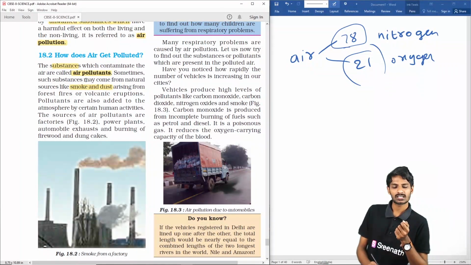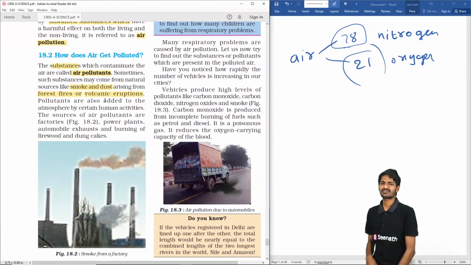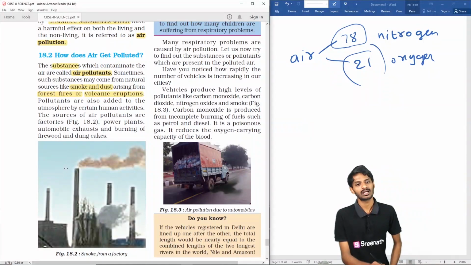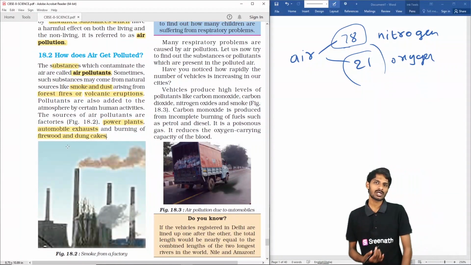If there is smoke and dust from forest fires or volcano eruptions, in these situations also the air gets polluted, and these are from natural sources. But most of the pollutants in the cities or in the industrial areas are because of the smoke of the factories and the smoke of the vehicles. Vehicles are injecting smoke into the air. These automobile exhausts, power plants, and the burning of firewood and dung cakes are all adding pollutants to the air.